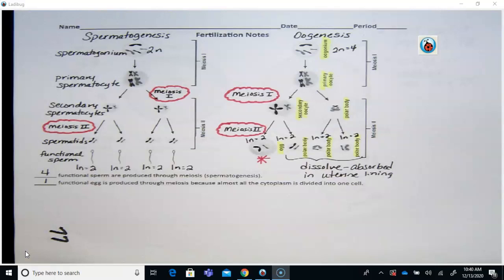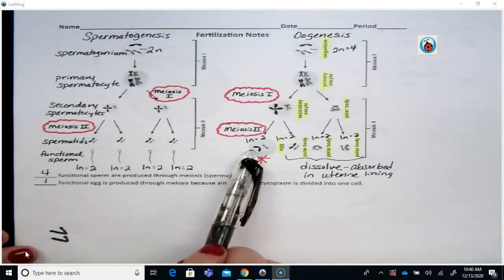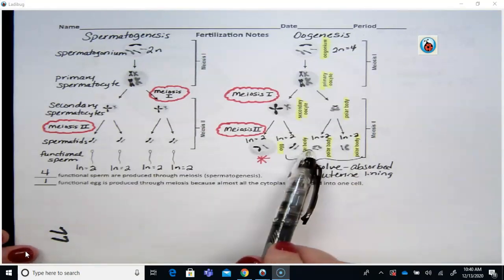But that's not the case with males. Millions of sperm are going to need to be released to help ensure that fertilization takes place. So 4 functional sperm are produced from 1 primary spermatocyte. So again, there's not as many eggs that are needed.